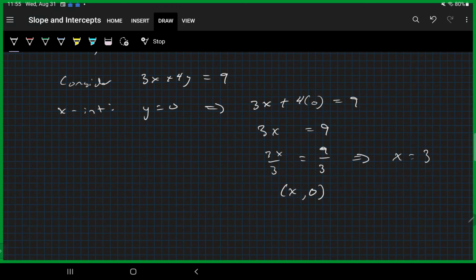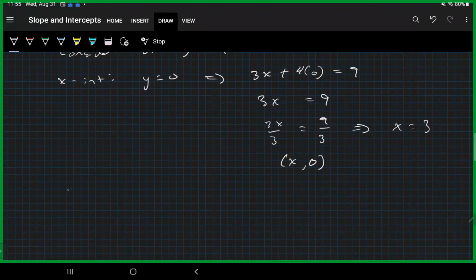The y-intercept is going to be very similar. I'll plug in x equals 0. So 3 times 0 plus 4 times y is 9. That gives me 4y equals 9.